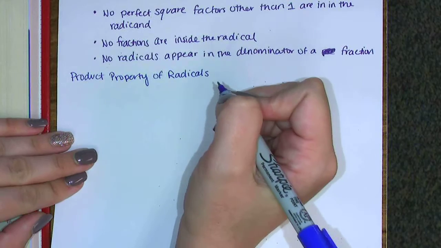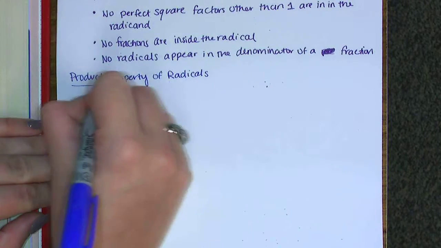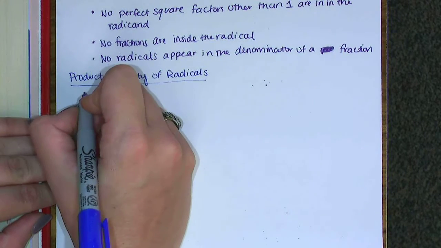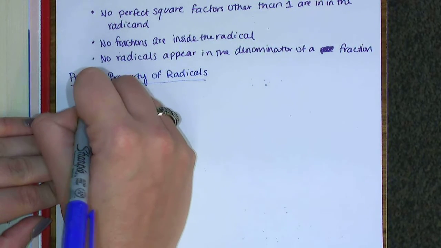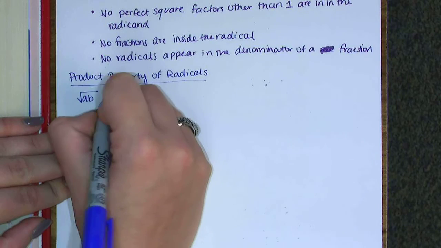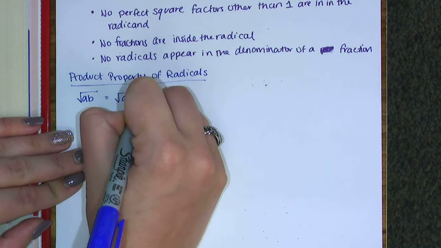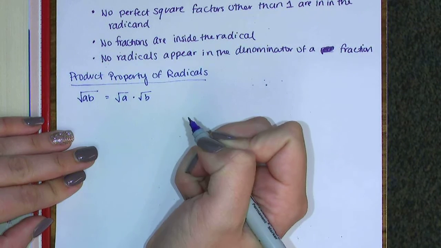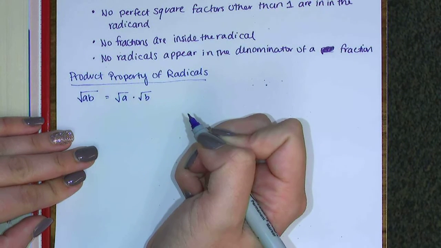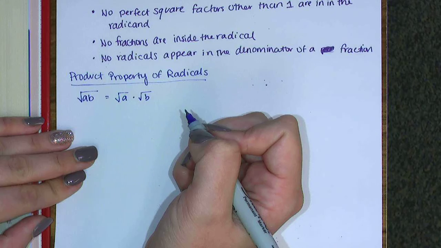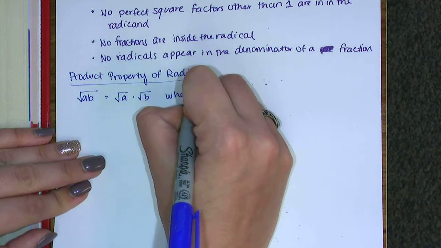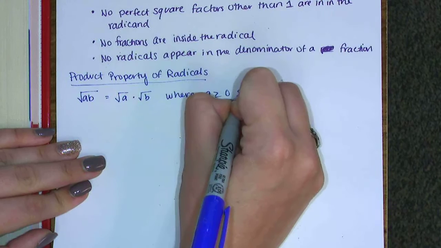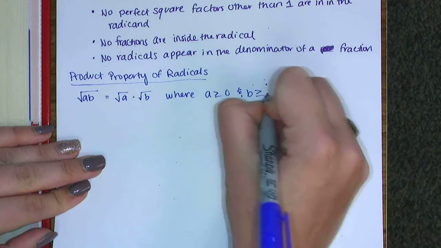The product property of radicals says that the square root of AB, so A times B, is equal to the square root of A times the square root of B. This is not true for adding and subtracting. This is only true for multiplying, and you'll see a slightly different rule true for dividing. And this occurs where A is greater than or equal to 0 and B is greater than or equal to 0.